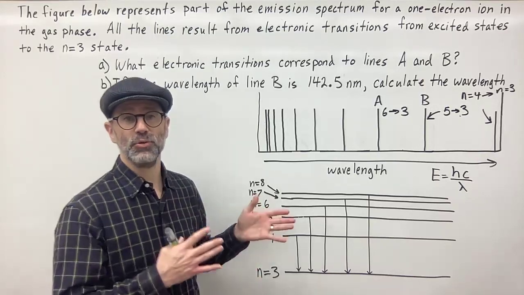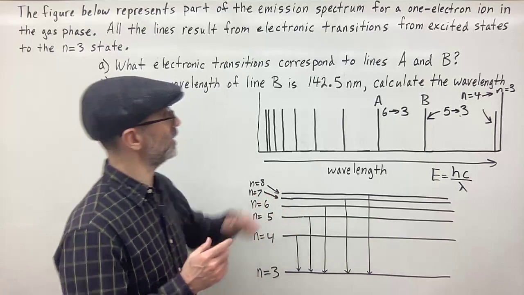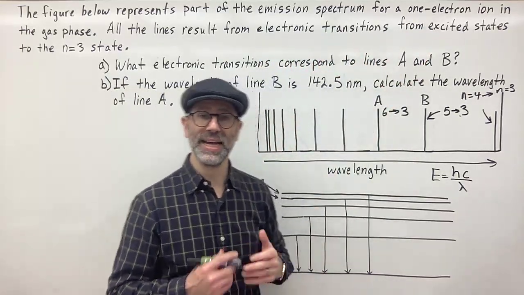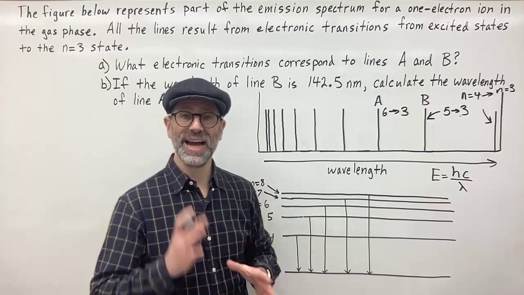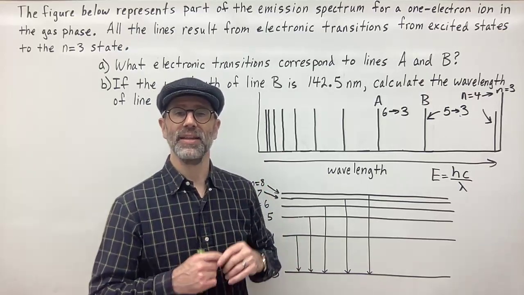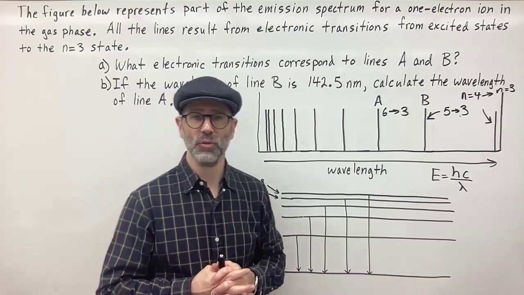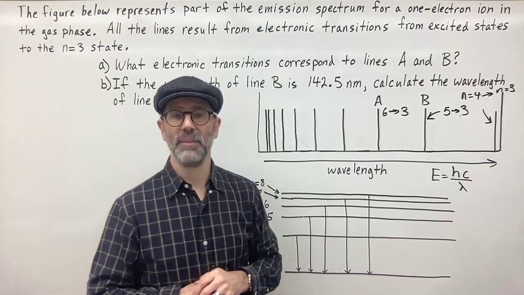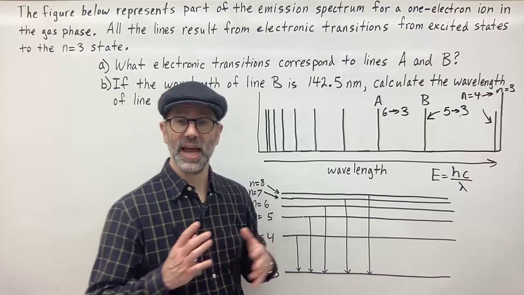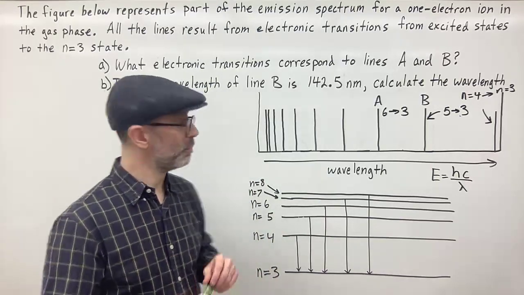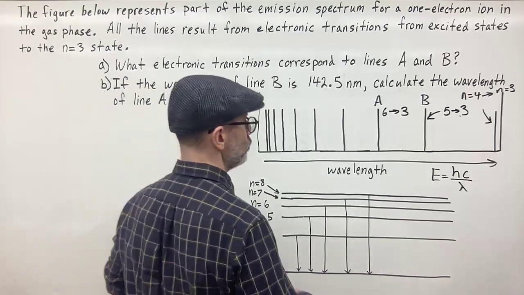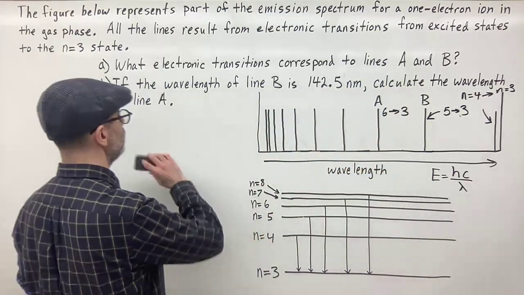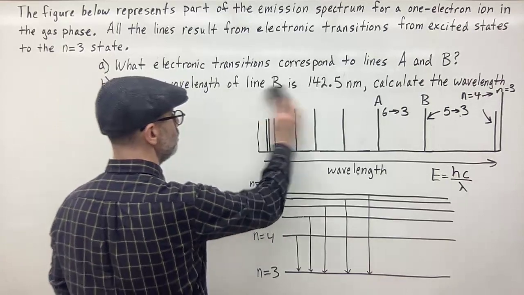The reason we can use that equation is because they tell us it's a one-electron ion, so it is hydrogen-like, and the Rydberg equation always works with any one-electron system, which makes us able to solve this problem. Okay, I'm going to erase this to give myself some space.